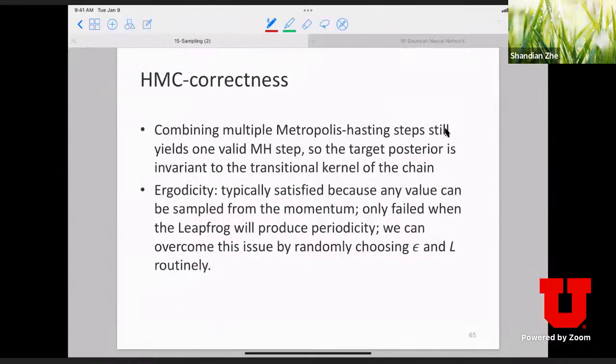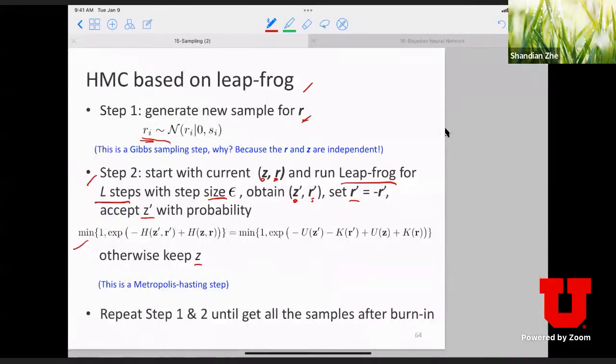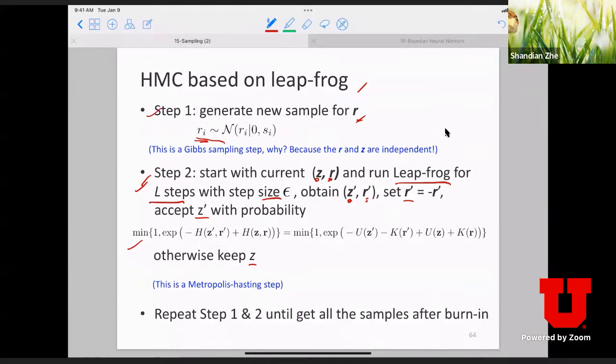So people might be worried about whether this is correct. First of all, we don't need to worry about detailed balance because step 1 and step 2 are both valid Metropolis-Hastings steps. For step 1, you can show that the Gibbs sampling step is always a special Metropolis-Hastings step, where the acceptance rate is 1. And step 2, although it's a deterministic transformation, you can view the conditional distribution as a delta function.